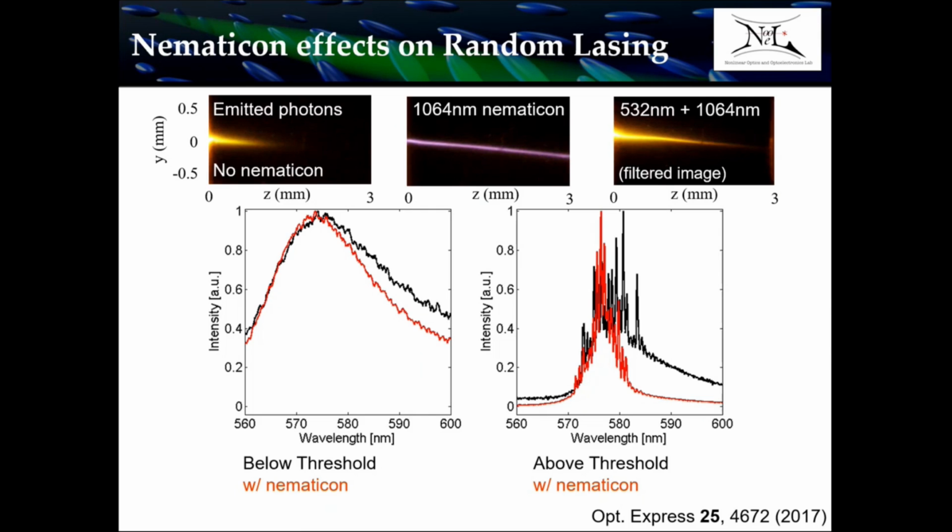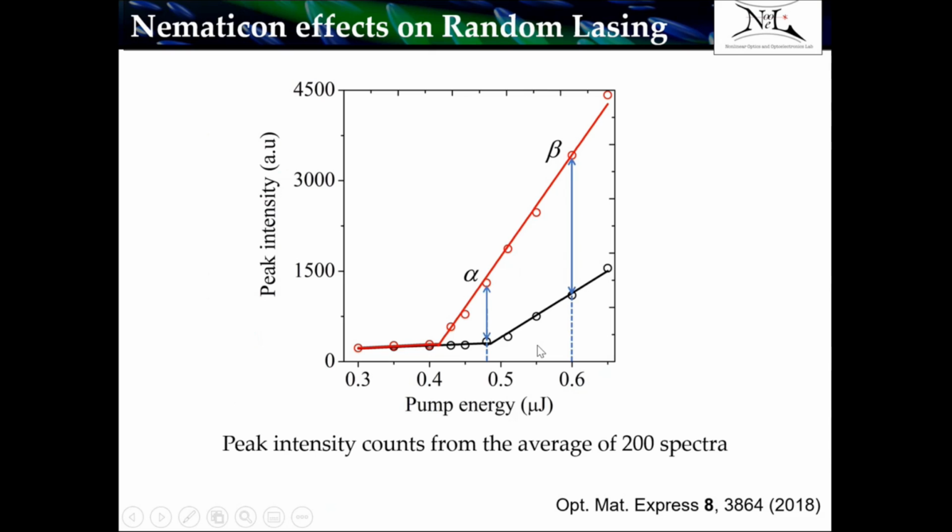But when you switch on the nematicon, the spectrum shrinks into the red spectrum simply because the number of modes available for lasing inside a limited volume defined by the waveguide is reduced, and so you get a more coherent spectrum and much narrower than you would without the soliton. So the soliton also increases the coherence of the overall emission and limits the size of the laser spectrum, which is also an improvement as compared to standard random lasing.